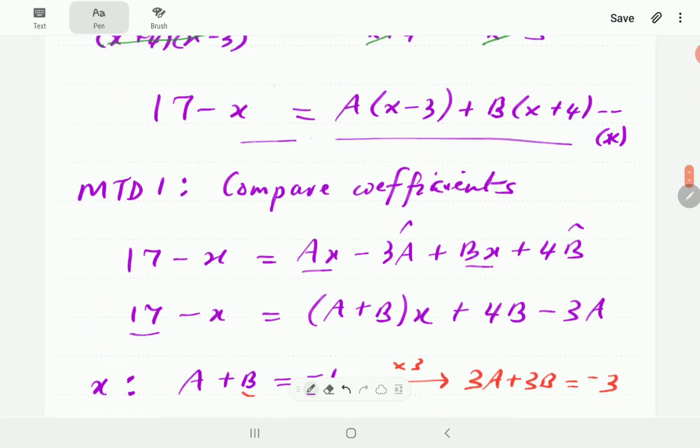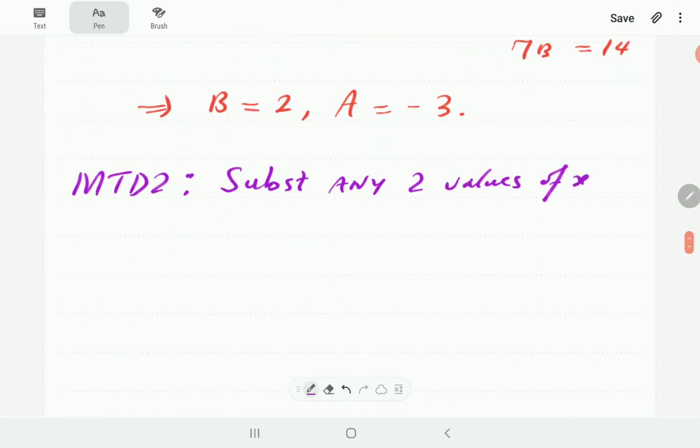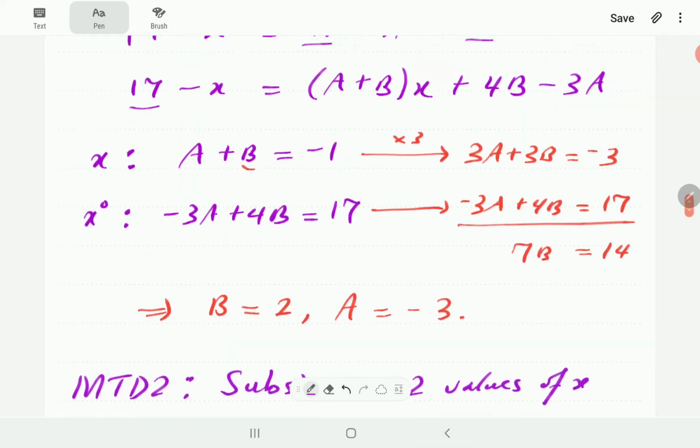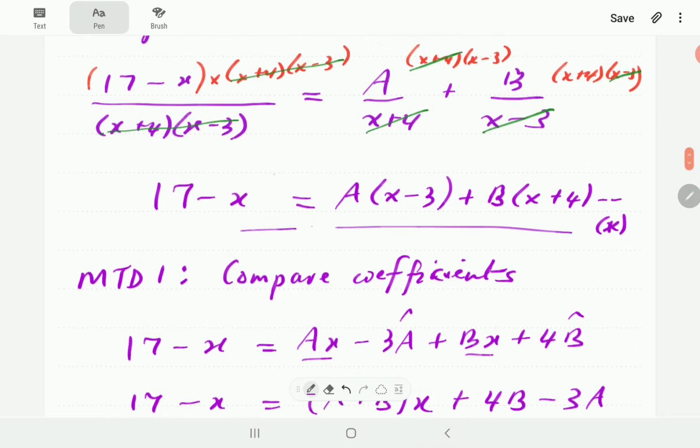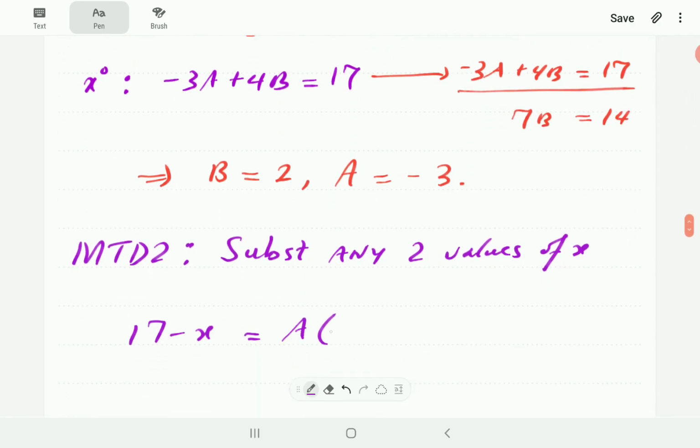So there is our equation asterisk. Just going to rewrite it here again. So we have got a into x minus 3 plus b into x plus 4.